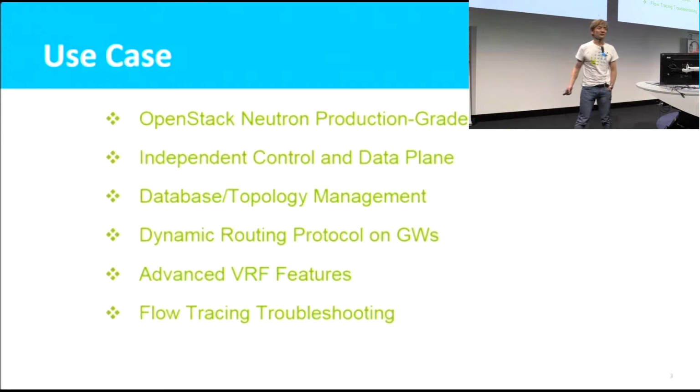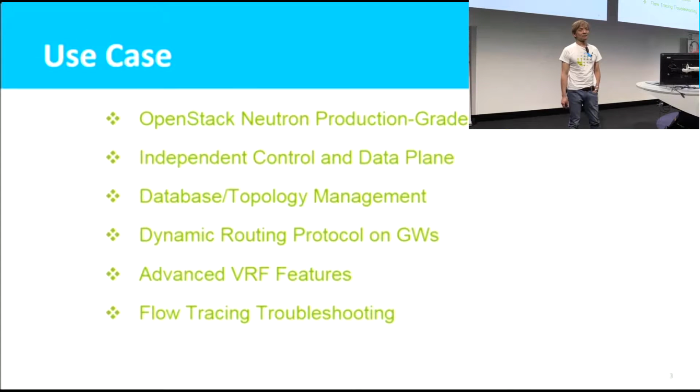So the use case is, in short, an OpenStack Newton production-grade deployment. Software-defined networking is all about the separation of the control plane from the data plane. They want the management capability provided by Horizon for topology management and deployment.